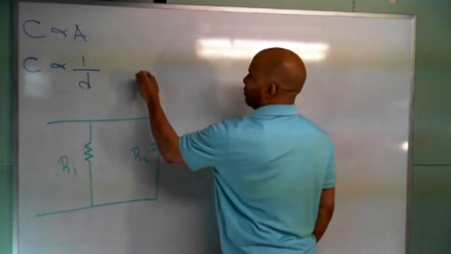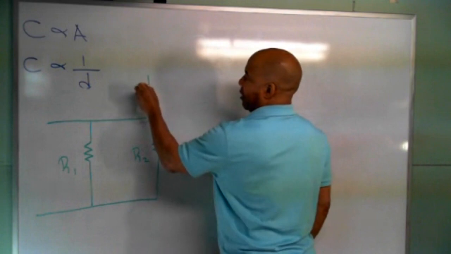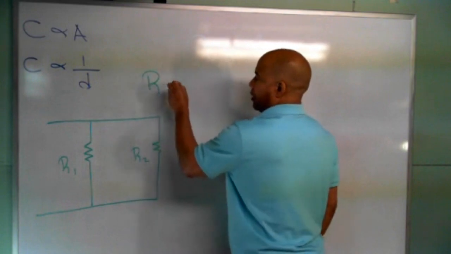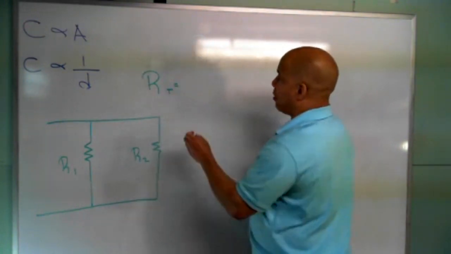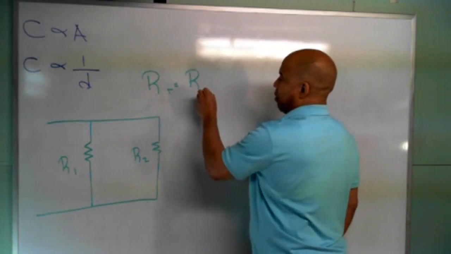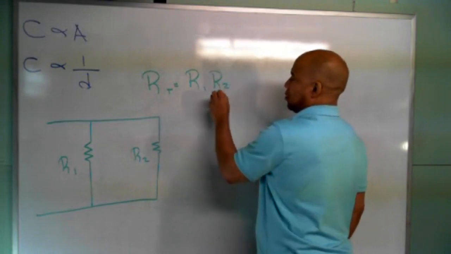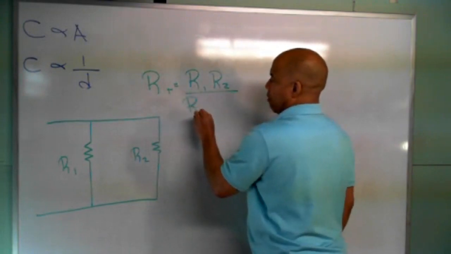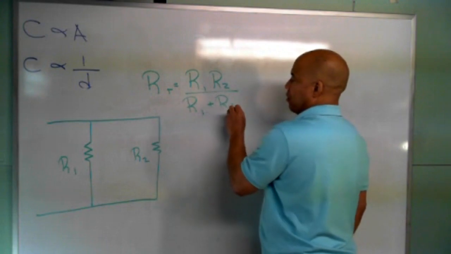Since I only have two, I can use a product over the sum rule. R total is R1 times R2 over R1 plus R2.